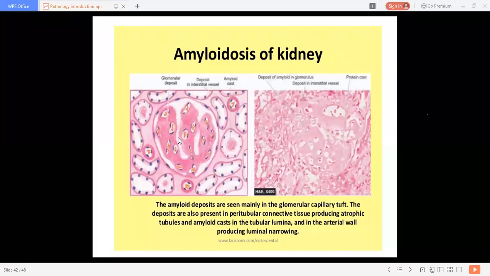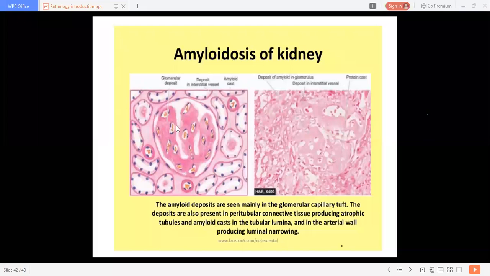With the progress, the glomerulus gets flooded with confluent masses of amyloid. Here you can see the glomeruli get flooded. What is the meaning of flooded? That is overdeposition, too much deposition in the glomeruli. So the glomerulus gets flooded with confluent masses of amyloid.